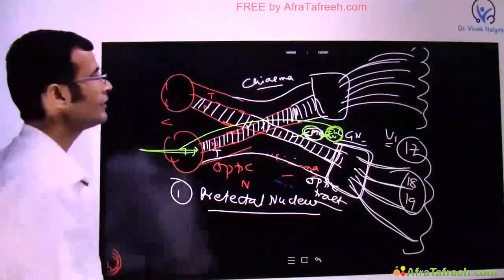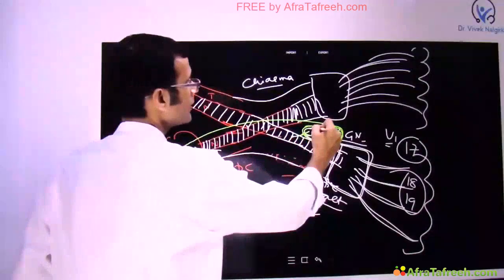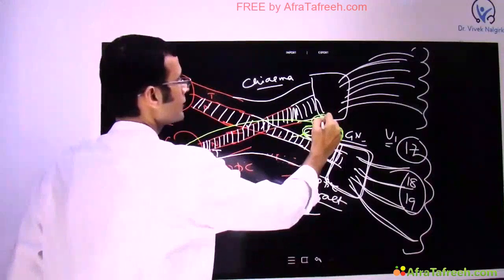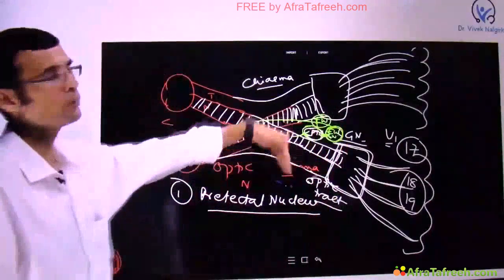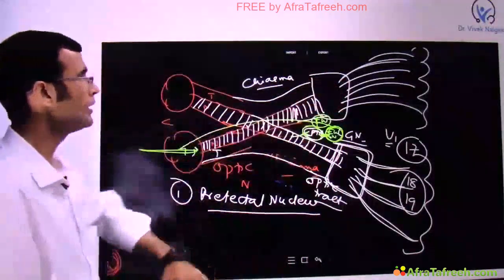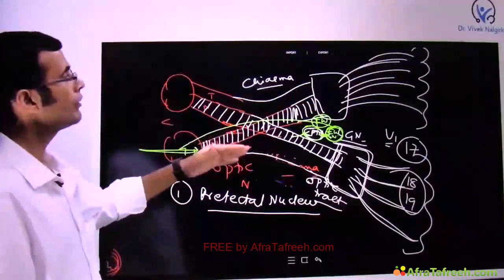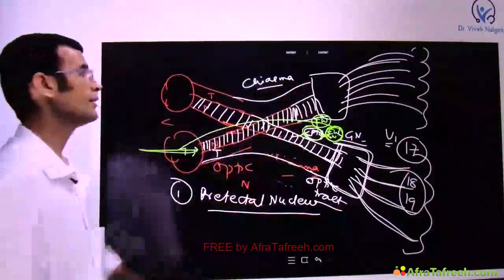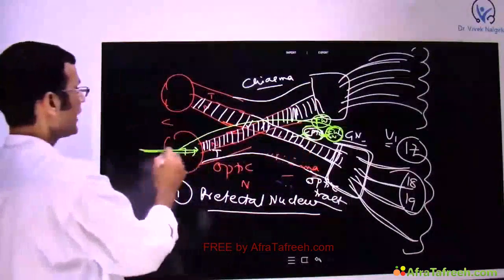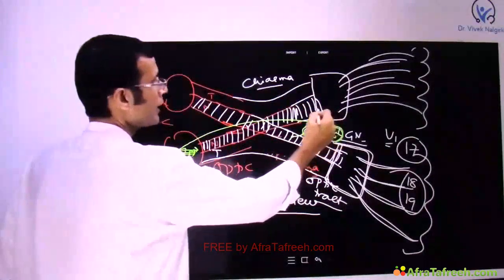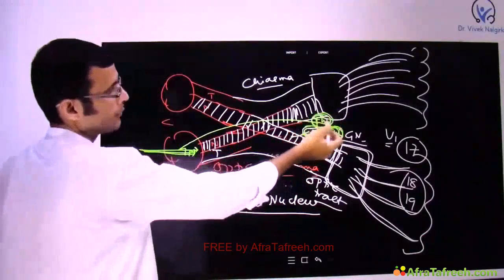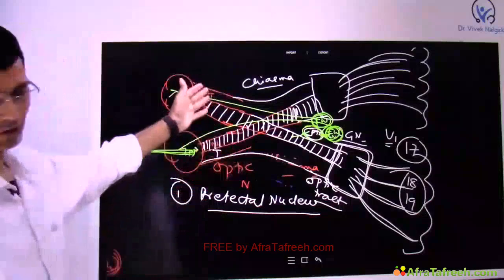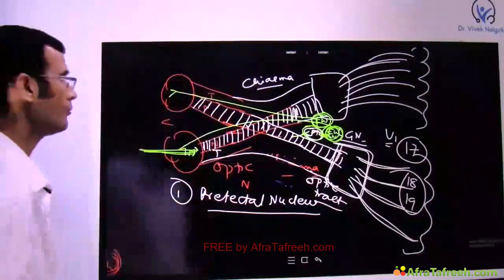The reason is the pretectal nucleus is connected with the Edinger-Westphal nucleus of the same side as well as of the opposite side. So it will pass on the impulses to the third nerve nuclei on both sides, and therefore throw the light in one eye and both Edinger-Westphal nuclei will be stimulated and there will be constriction seen in the other eye as well.